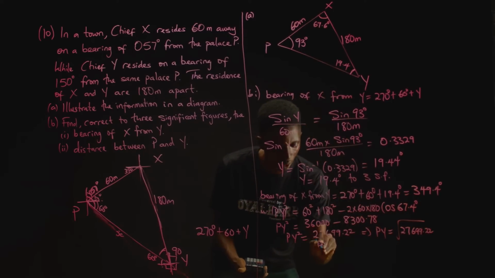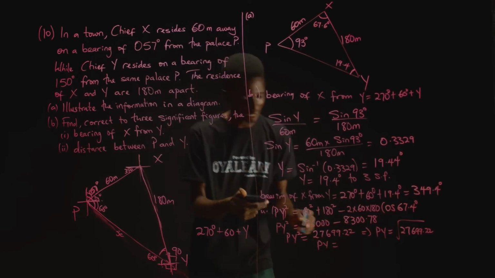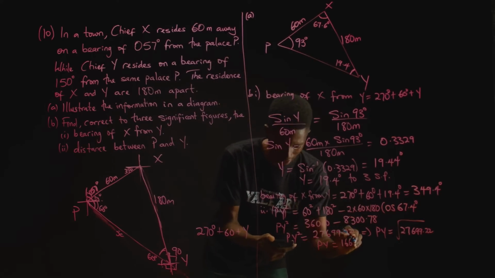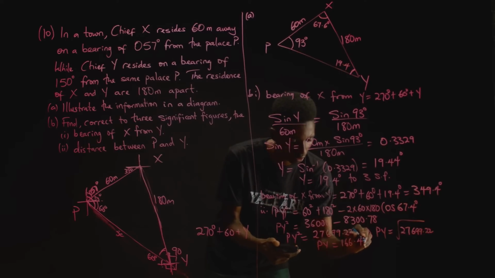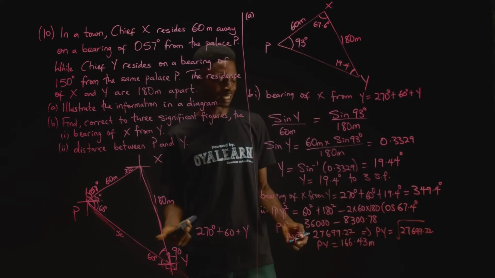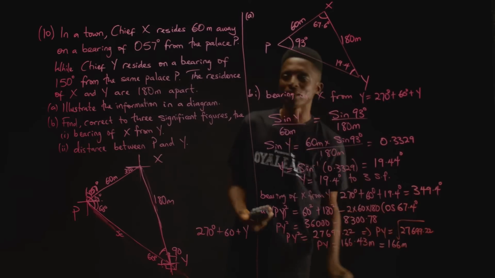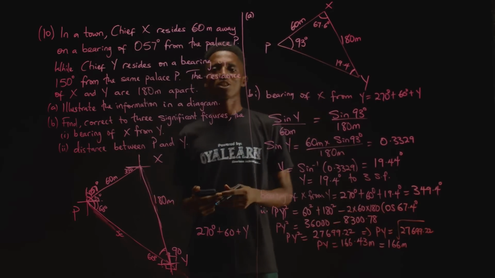So PY equals, now find the square root of our answer there, and then we have it as 166.43 in meters. Now, since it is to 3 significant figures, that is, this is 166 meters. And that's the solution to question 10.